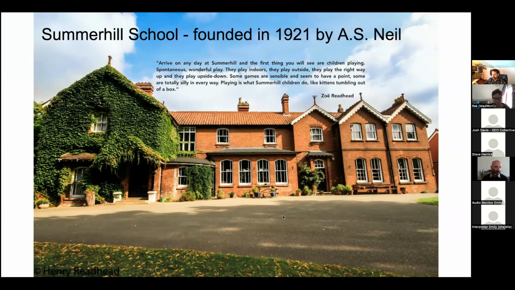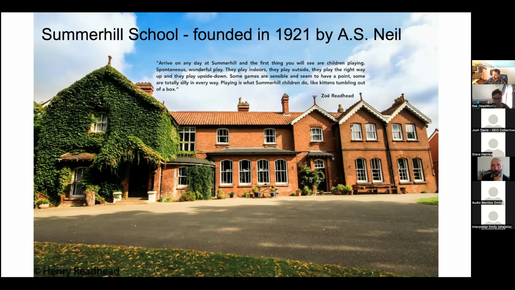And it's one of the longest lasting democratic schools. I have another one that I believe might be a bit longer than that later in the slideshow, but this is definitely one of the longest. And it's still there, still running. A.S. Neill's daughter Zoe Readhead took over after him. I'm not sure who is the director at this point.